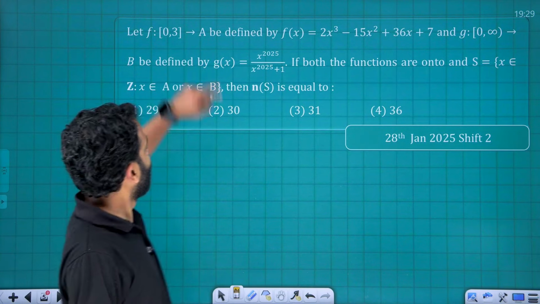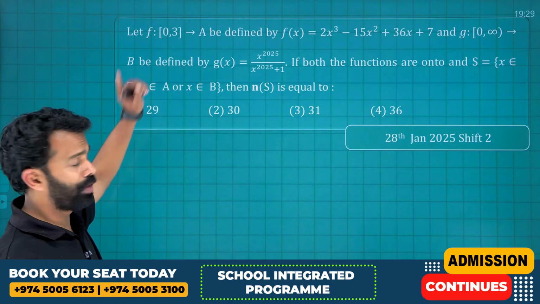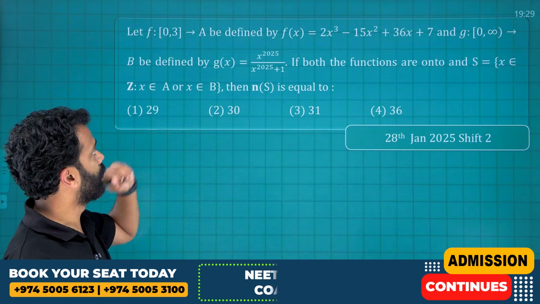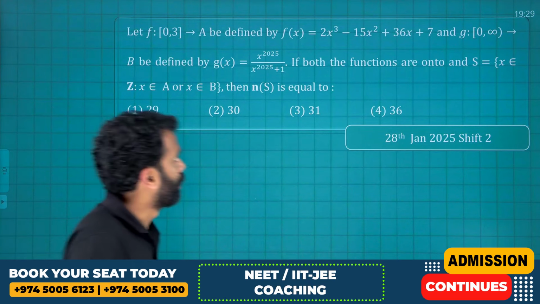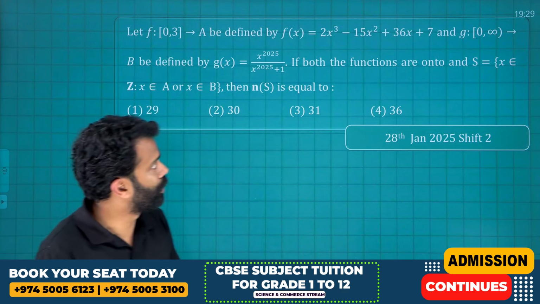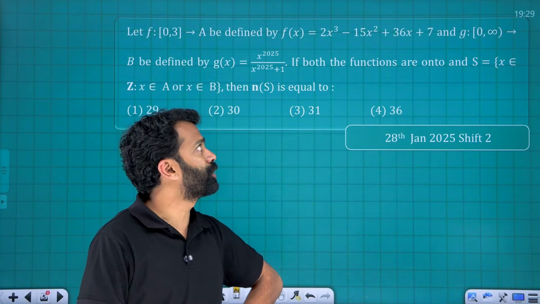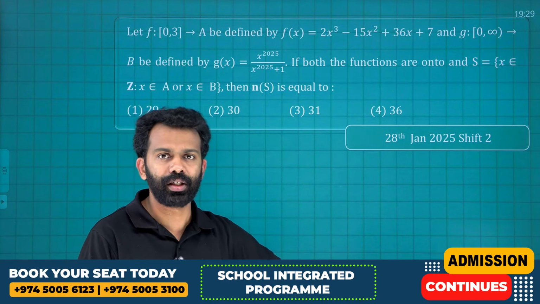A function f is defined from the domain, the closed interval 0 to 3, to the codomain A, defined by f of x equals 2x cube minus 15x square plus 36x plus 7.